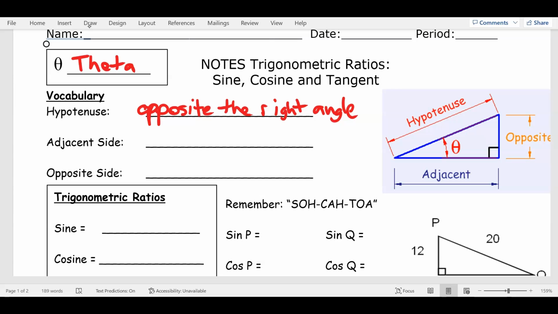The adjacent side, we said adjacent means next to, so it's next to the theta. When you draw the theta, it's like a 0 with a little curve on the inside. And the opposite is opposite the theta. So those are our three sides. We did it on the warm-up, we labeled stuff, and we're going to keep doing that, but now you have the vocab for it.